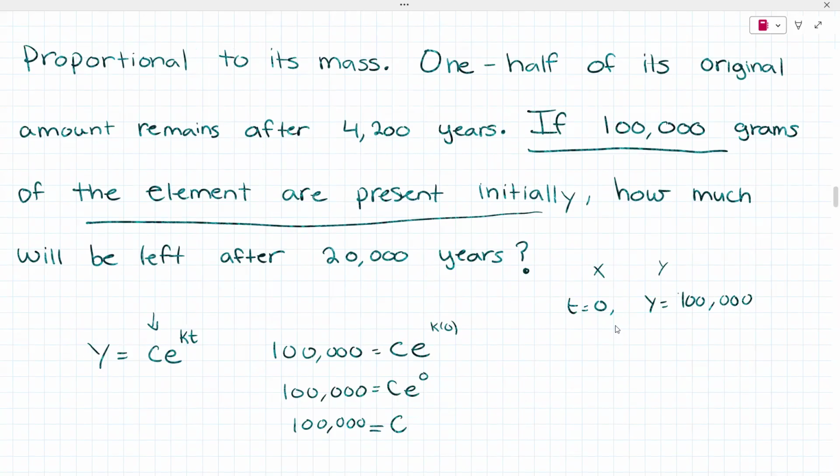So that means we're trying to find the y value, right? So we're trying to figure out the amount after 20,000 years. So this t or x value would be 20,000. And then our y is unknown.